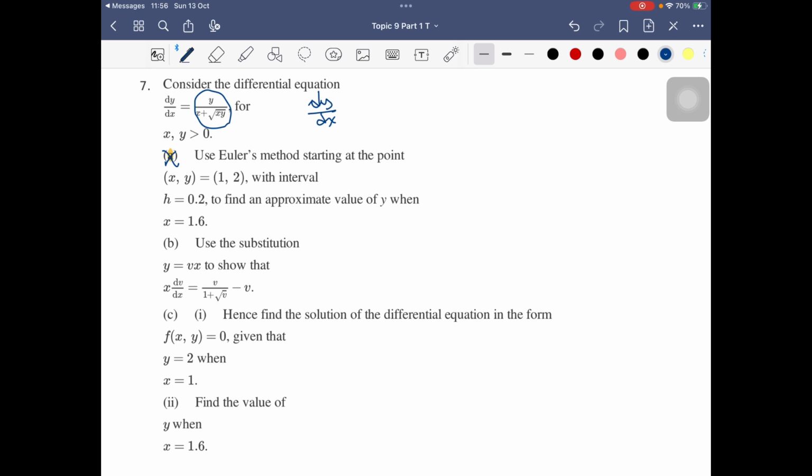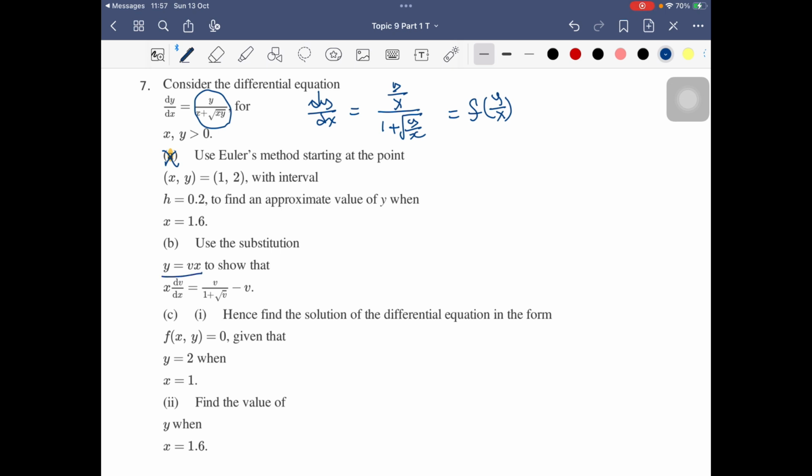Sorry, I will skip the Euler method. We can divide by x. When x goes in the square root, it becomes x squared. So now it's xy over x squared, so it's y over x. When we express it as f of y over x, this is the homogeneous case. So now we made it like that.